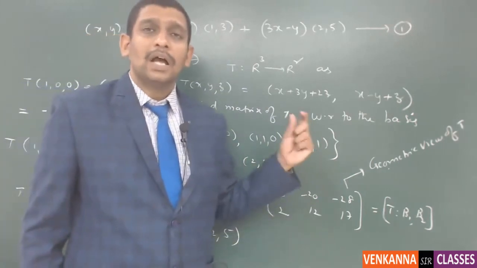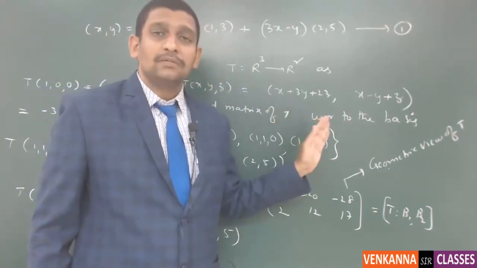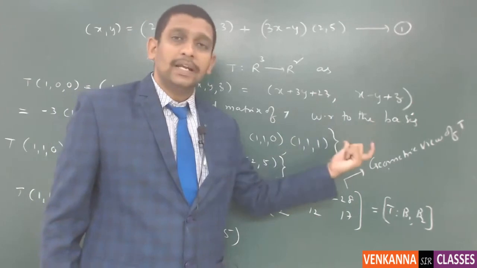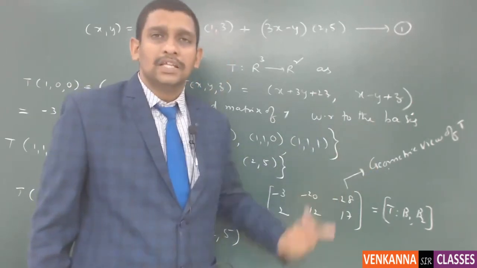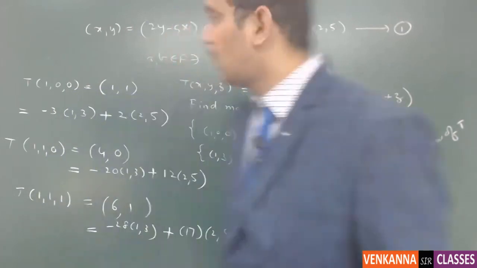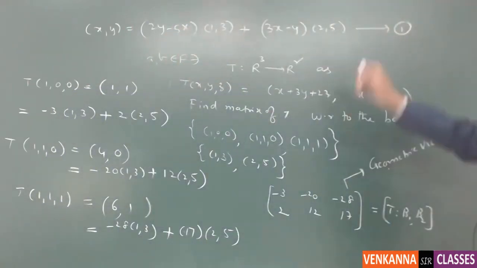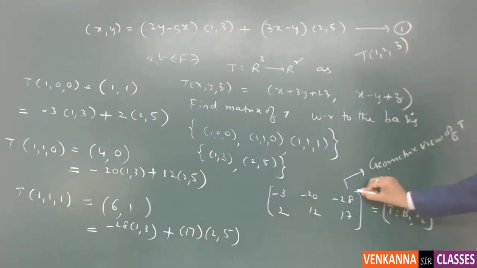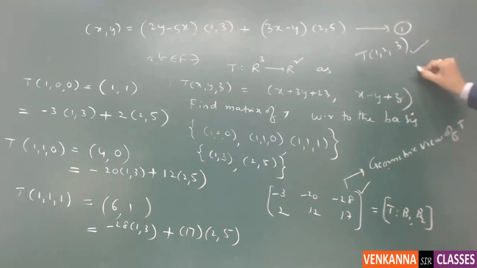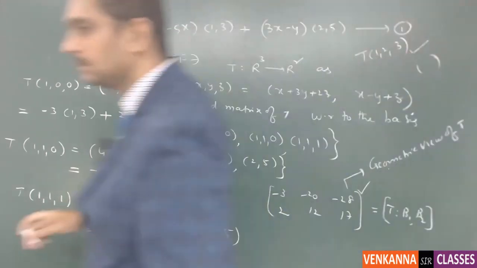So whatever the transformation done by T, that will be showcased by means of a matrix. In other words, if I want to know, let me say, what is the value of T of 1, 2, 3, if you multiply the matrix and this vector, the result is nothing but the T of 1, 2, 3 value. Okay?